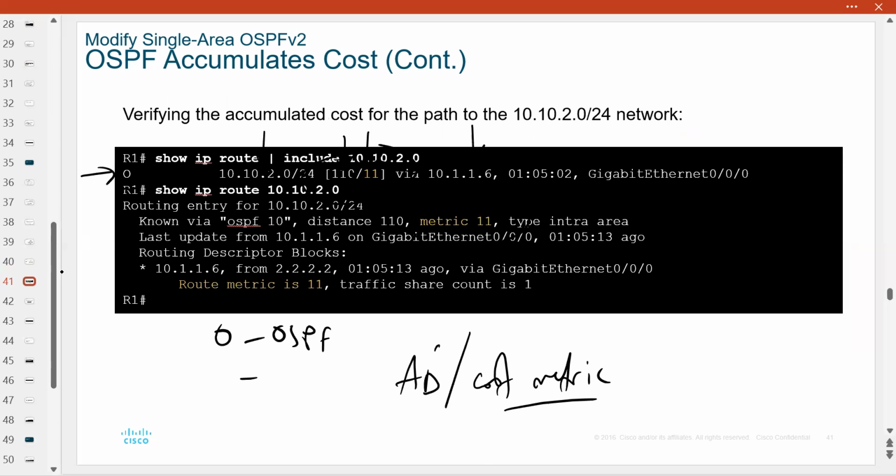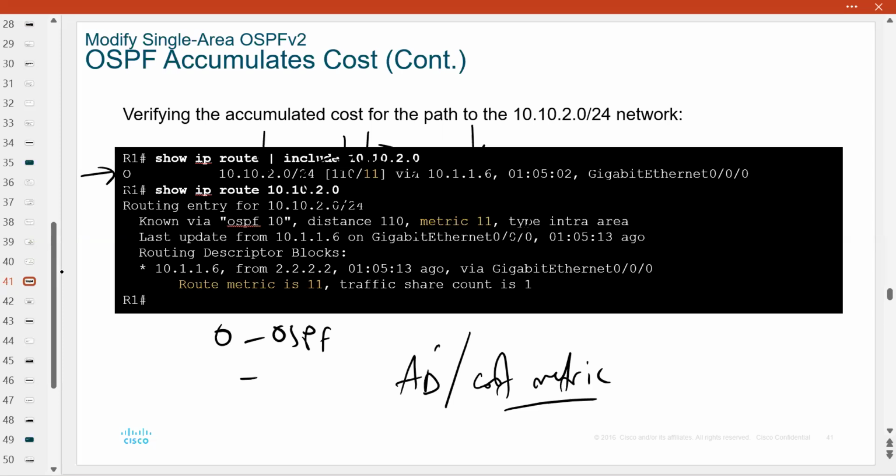So next time you do the show IP route, take note of those metric costs. Look at how we got to that metric cost. How did we get to that number there? Go back and try to figure out how you got to that number.